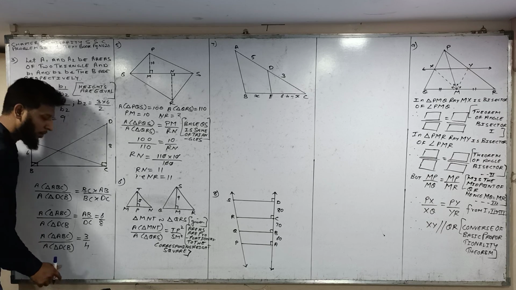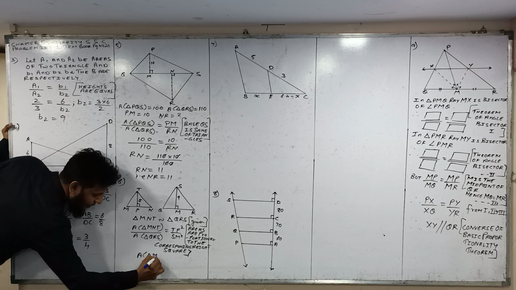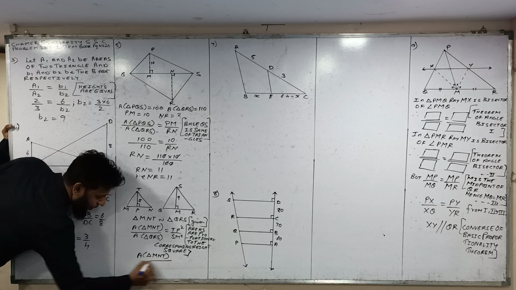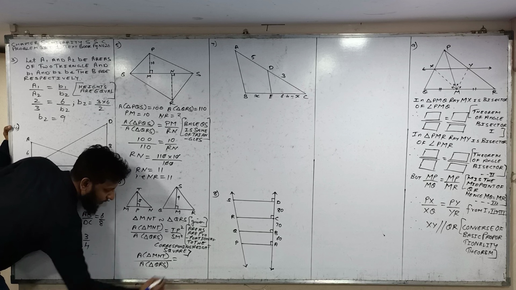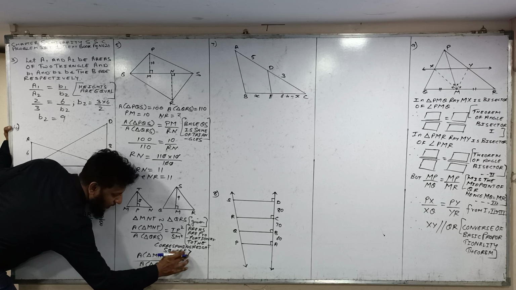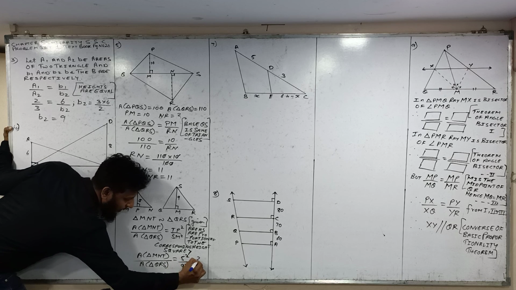Okay, so now we are writing area of triangle MNT upon area of triangle QRS is equal to TP, which is 5 square, and 9 square. 5 square is 25 and 9 square is 81.